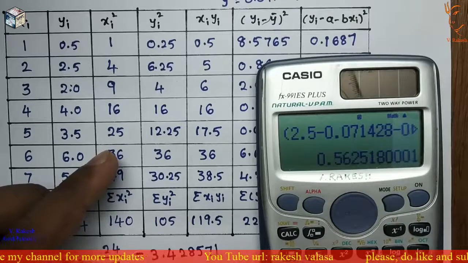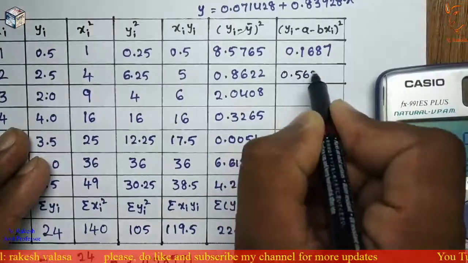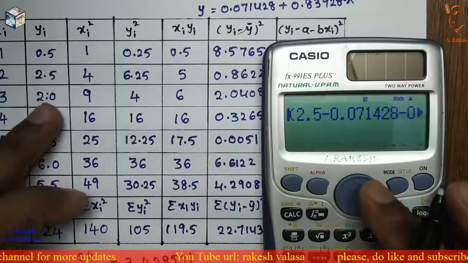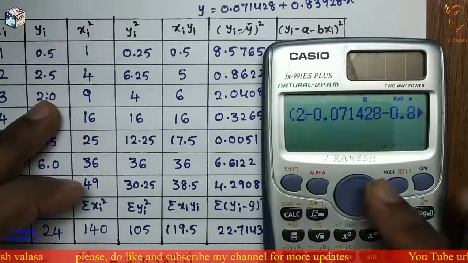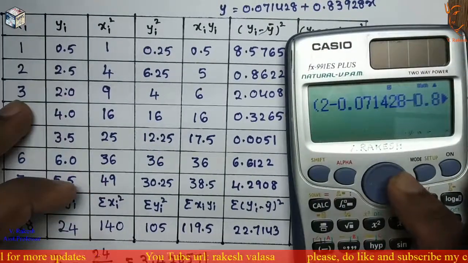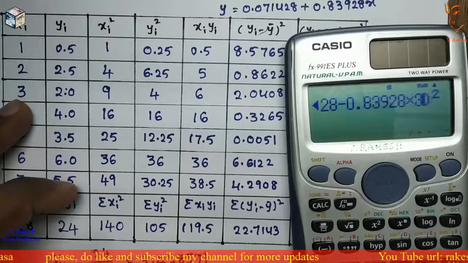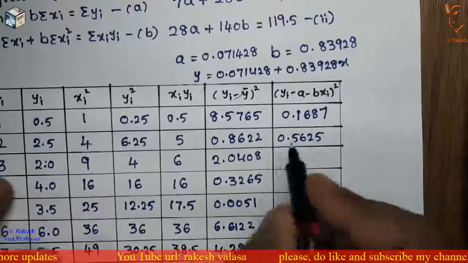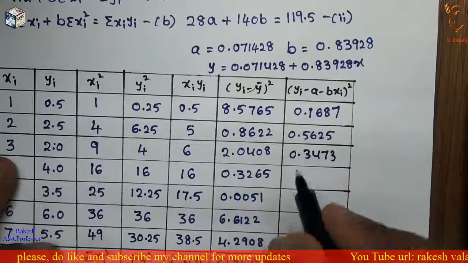Enter, that value is 0.5625. Next, third one is yi means 2, xi means 3, b into 3. Answer is 0.3473. Similarly calculate the remaining values.